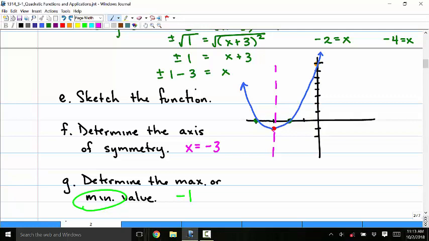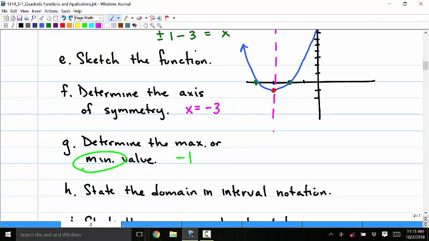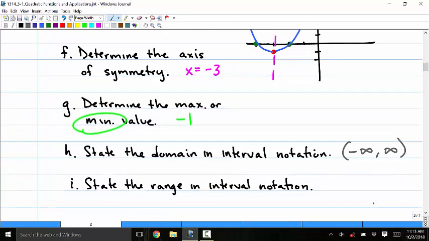It's the y value of your vertex. State the domain. What's the domain of any quadratic? All real numbers. Last but not least, state the range. What y value do you get to start? Bracket negative 1 up to infinity.